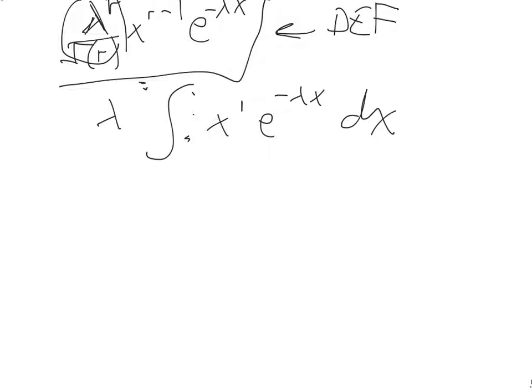All right? So we already know that r is 2. So what if I say, okay, let's put in lambda squared, because it's lambda to the r, over gamma function of 2. We'll talk about gamma function in a second.